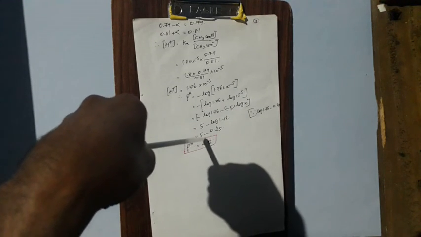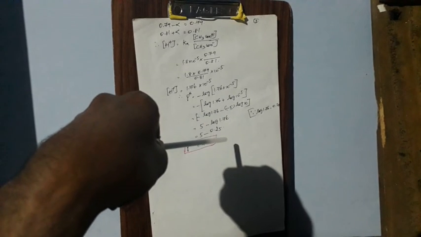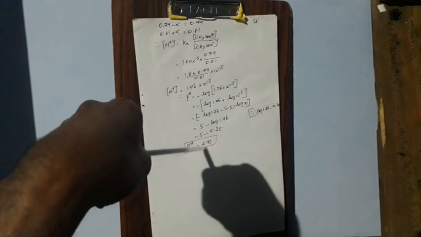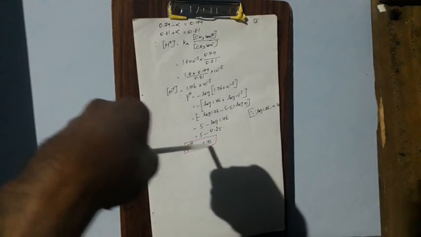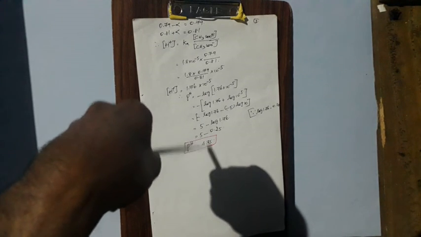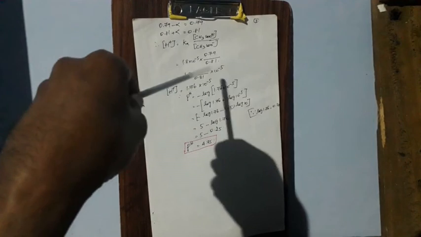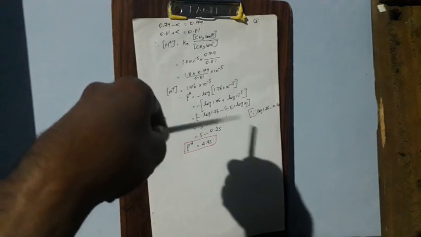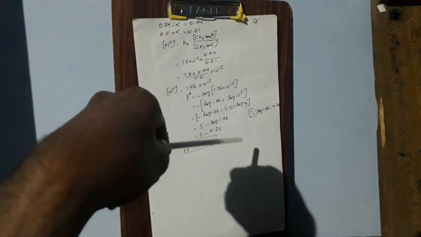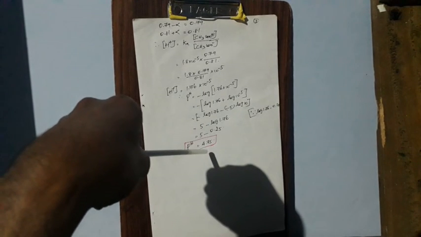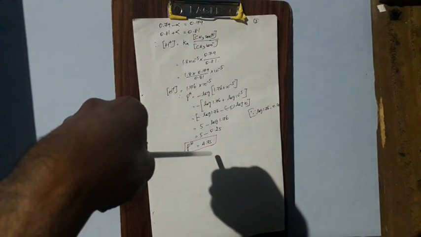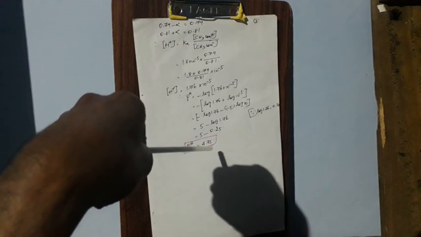Before that it was 4.74, after that 4.75. So the pH value is maintained throughout the solution after addition of any base or any acid. This is the conclusion.